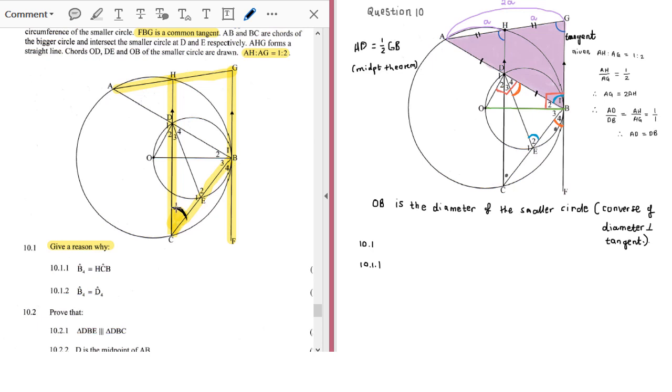We just connected it with the angle B4 through alternate angles. So the reason here is: alternate angles equal, with HC parallel to GF.